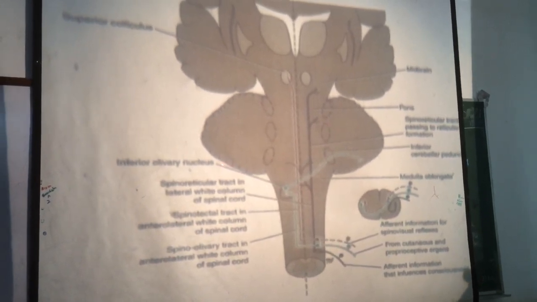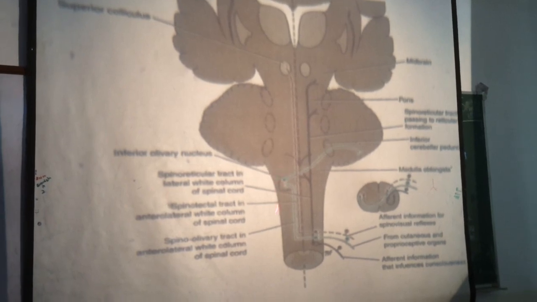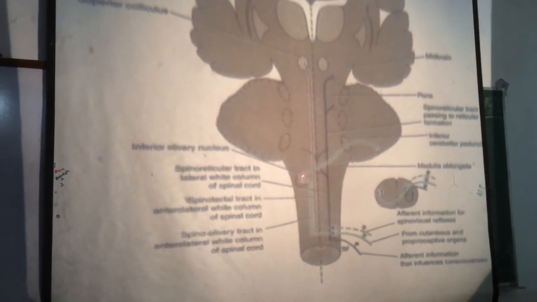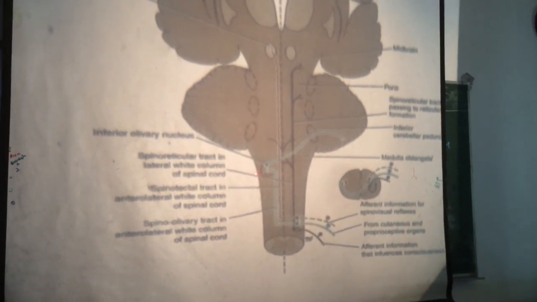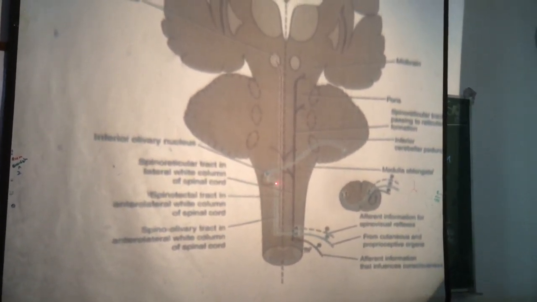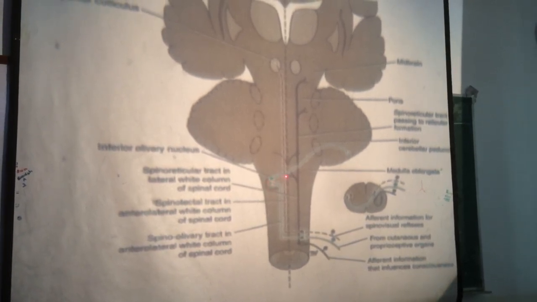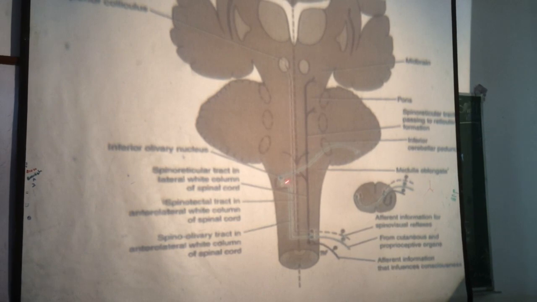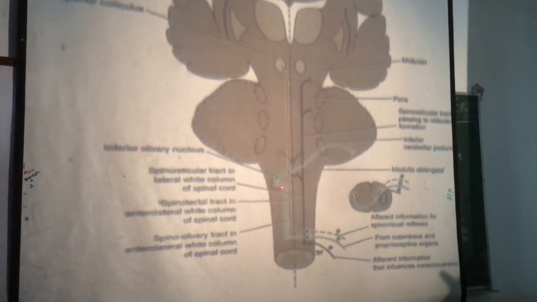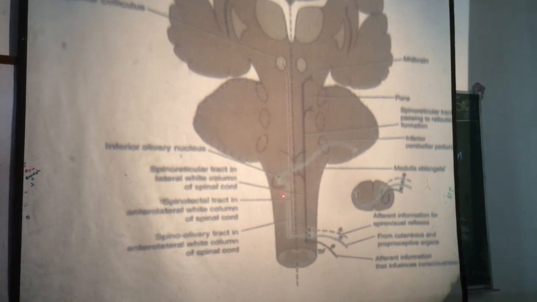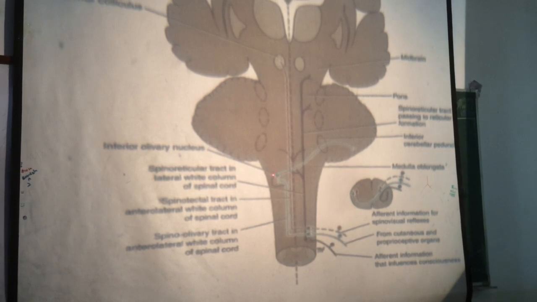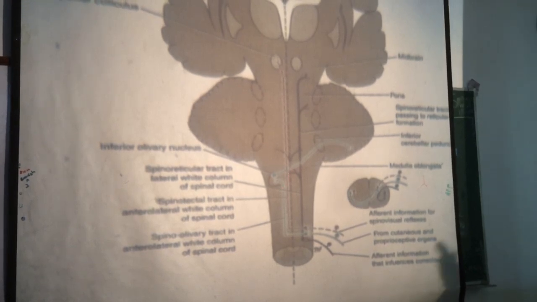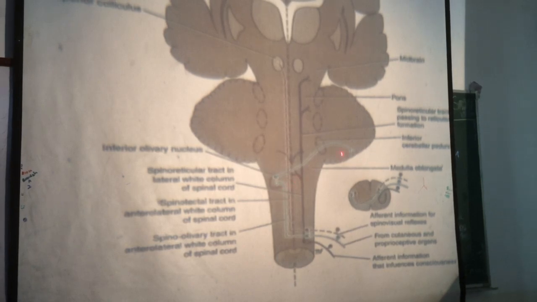From the inferior olivary nucleus, third order nerve fibers arise, which cross back to enter the inferior cerebellar peduncle and go into the cerebellum.